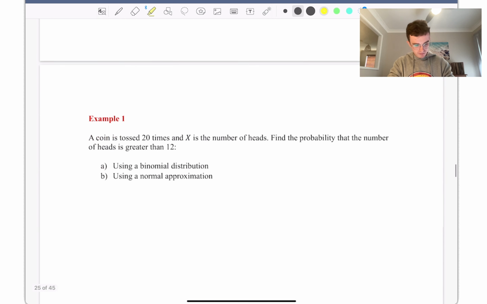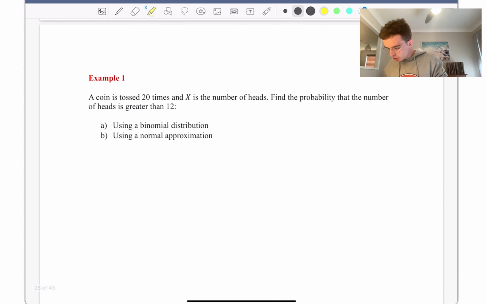for a normal approximation. So a coin is tossed 20 times, and X is the number of heads. Find the probability the number of heads is greater than 12 using a binomial distribution, first of all. So to find greater than 12, really we want 13, 14, 15, 16, and so on.